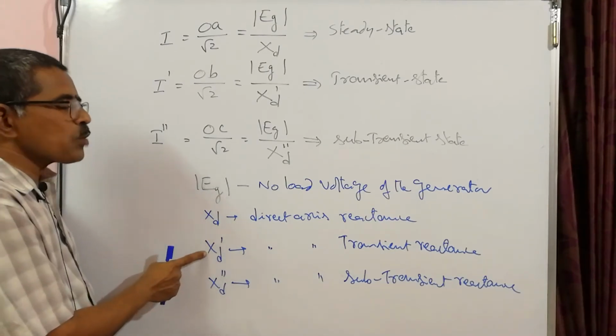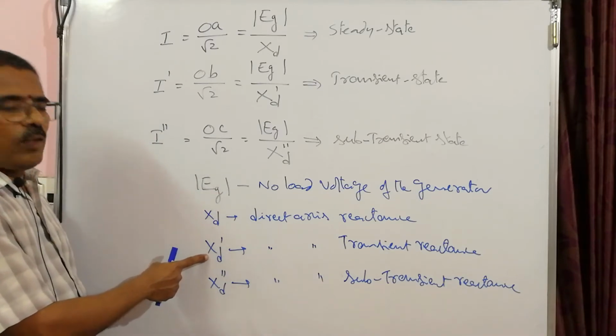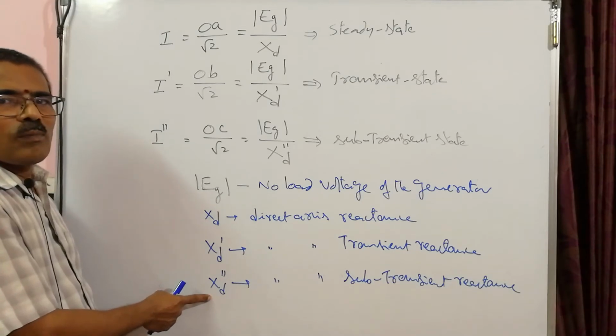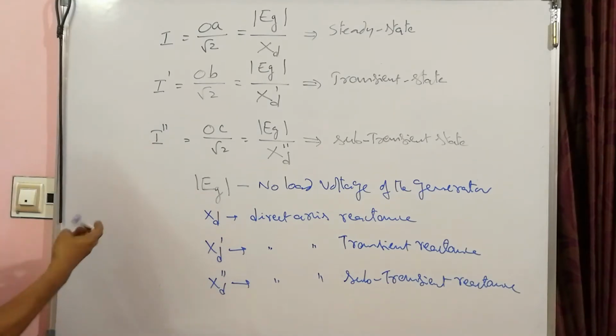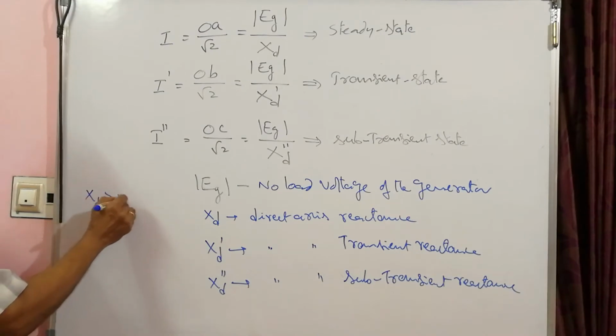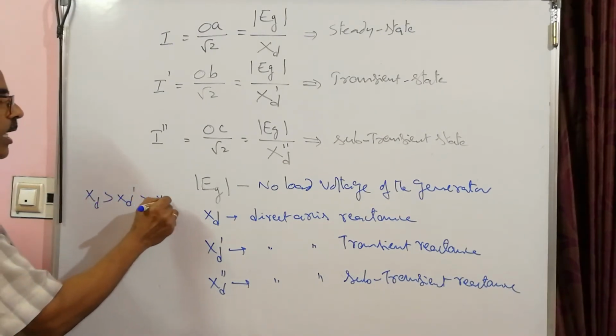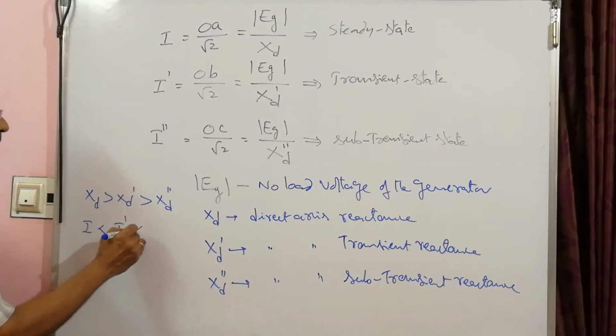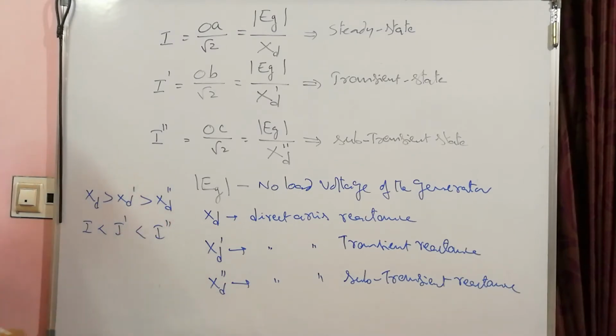That's why the current corresponding to this region is high, whereas XD double dash is further small. So XD is greater than XD dash, which is greater than XD double dash. So that's why current I is smaller than I dash, which is smaller than I double dash. So the same machine, same alternator, offers three different values of reactances.